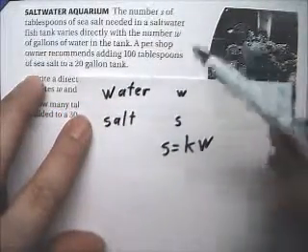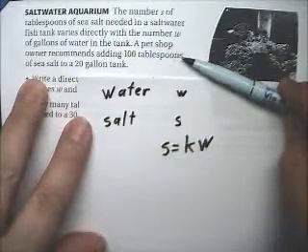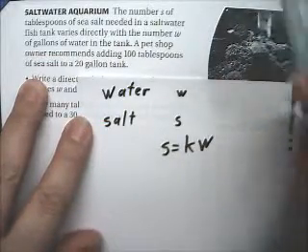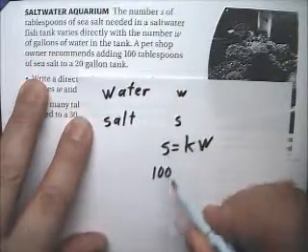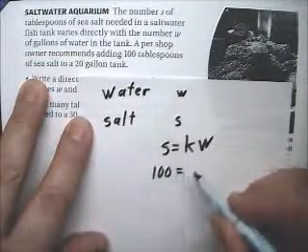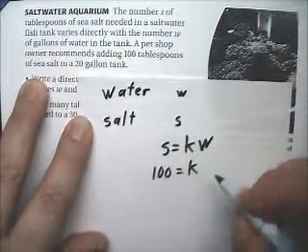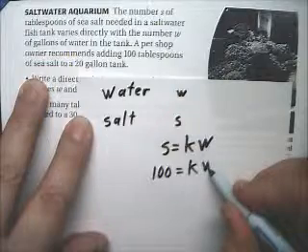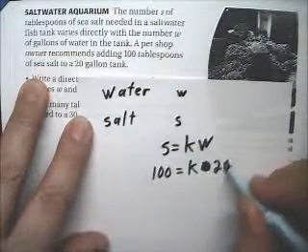Well, in the problem we have a value for the amount of salt. We have 100 tablespoons, so that's 100 for S, is equal to some K times the amount of water. And the amount of water is a 20-gallon tank.